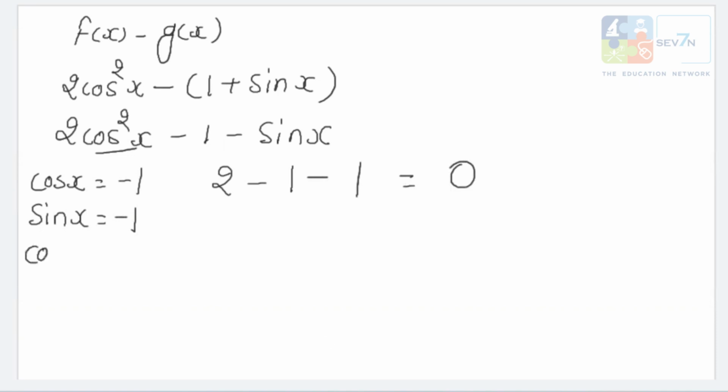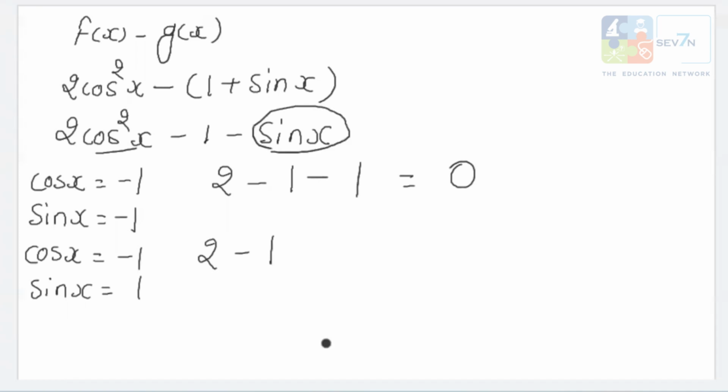Clear? The another case is if cos x is -1 only, but sin x is plus. So in this way, 2 minus 1, and this will be plus. See, if this is -1, this will be plus. The answer will be 2 only in this case.